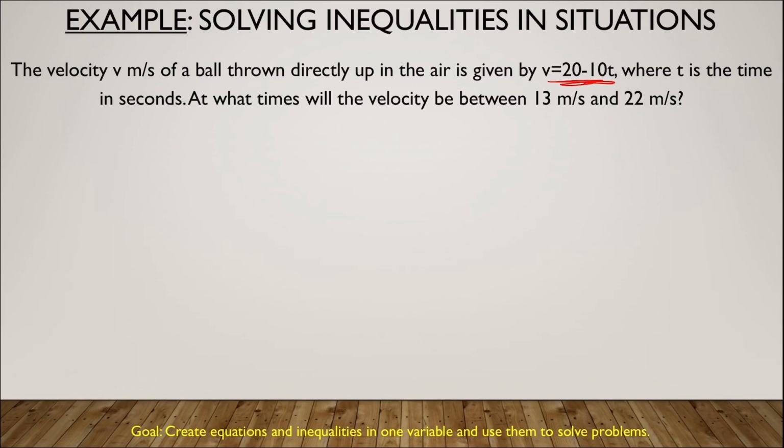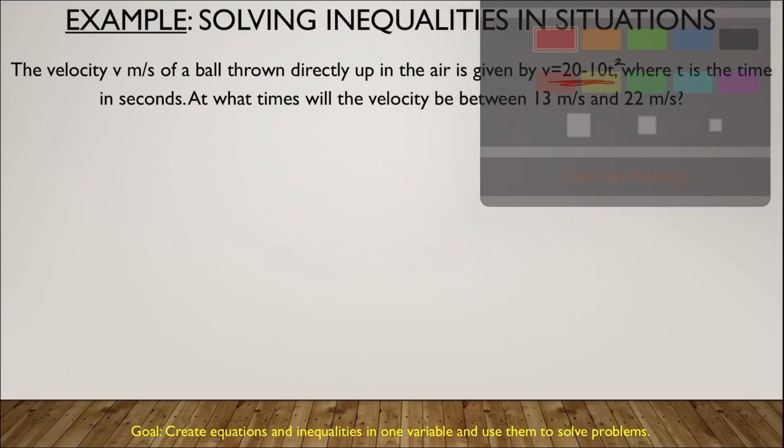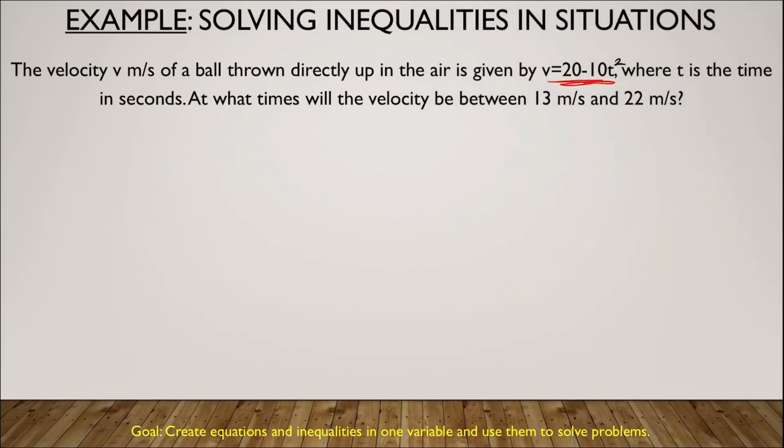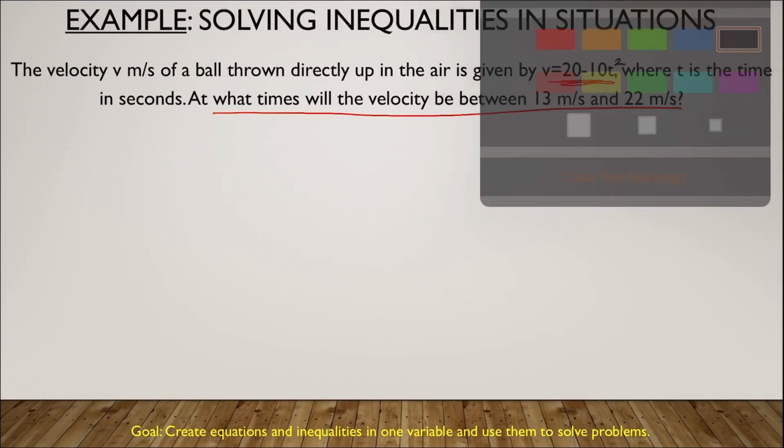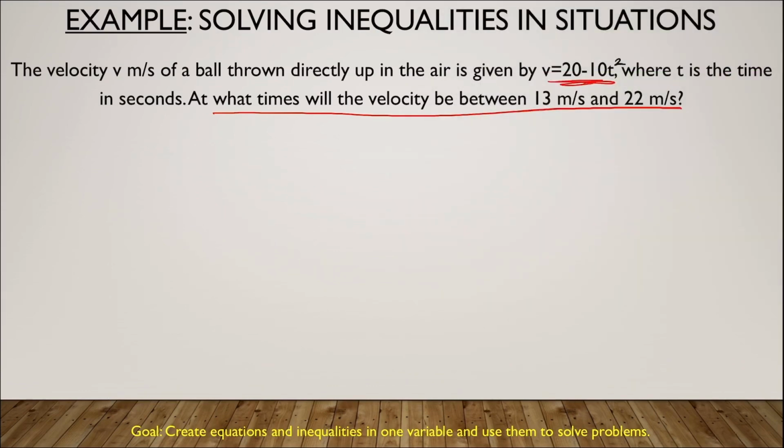My guess is that's supposed to be t squared. So that's what we're going to do, t squared. All right, where t is the time in seconds, at what time will the velocity be between 13 meters per second and 20 meters per second? So this one's a little bit different because we're going to be in between something, right? Well, it kind of tells us everything, right?